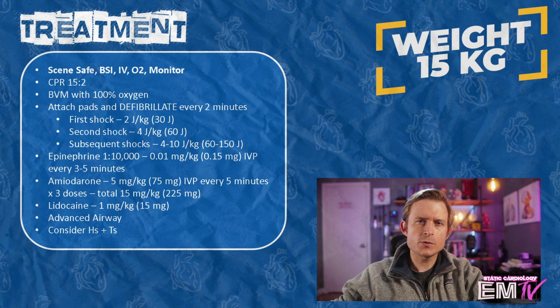My second shock, which will occur in 2 minutes, will be at 4 joules per kilogram. So based on this patient's weight of 15 kilos, this will now be 60 joules. Subsequent defibrillations beyond that second shock, we can increase our joulage all the way up into a maximum dose of 10 joules per kilogram, with 150 joules being our maximum energy for this patient.